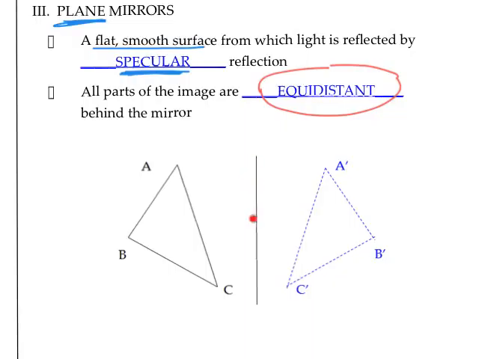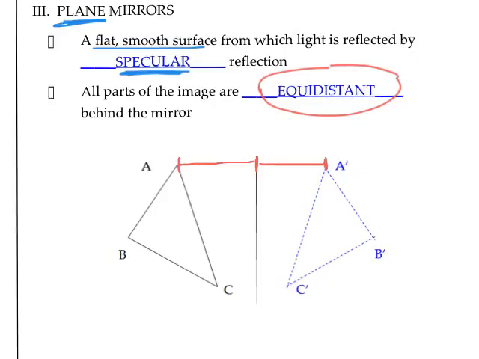So what I've done here is this line represents the plane or the flat mirror, and then I've got 3 points of a triangle labeled. Now when we say this word equidistant, that means if I were to measure from the mirror out to point A, that distance would be the same as from the mirror to where the reflection of point A appears to be.